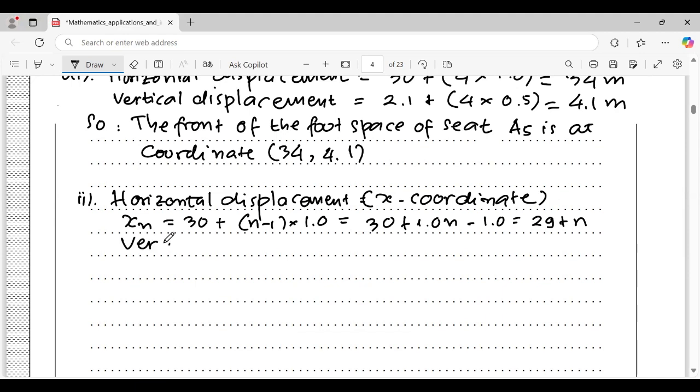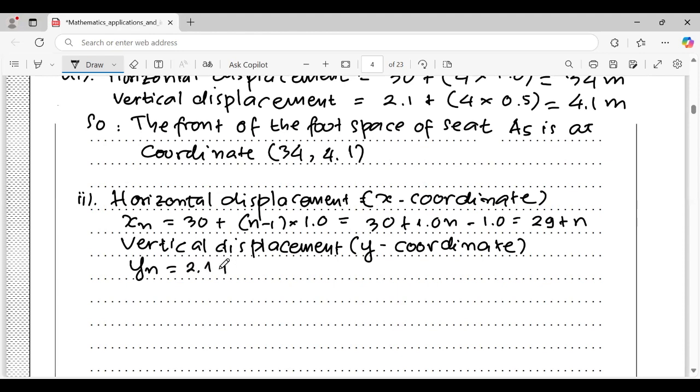And the vertical displacement, the y coordinate yn, equal 2.1 plus n minus 1 multiply 0.5.